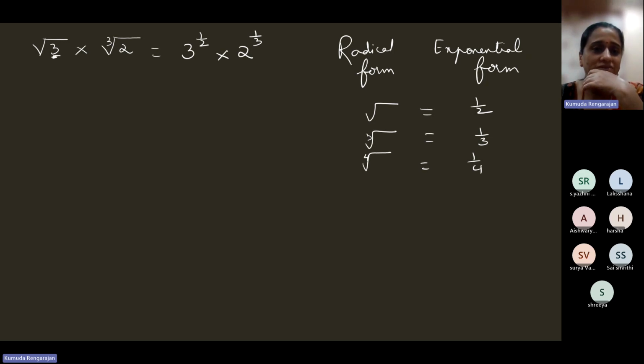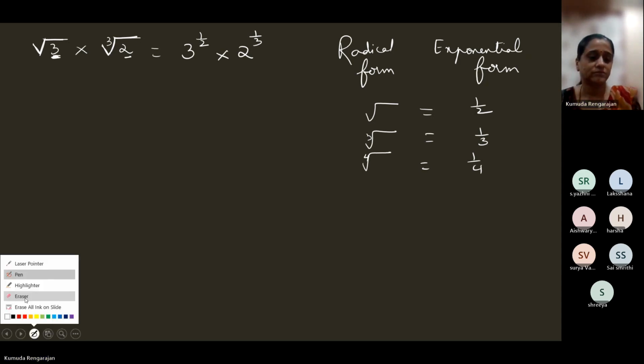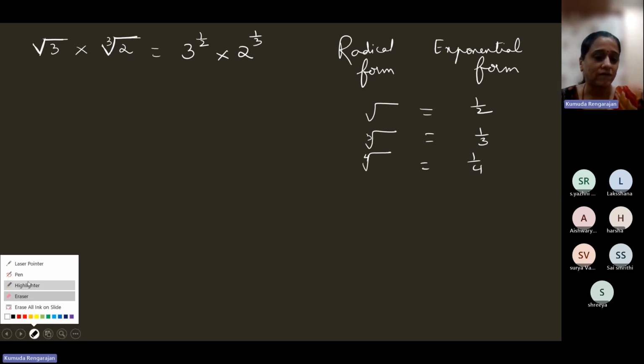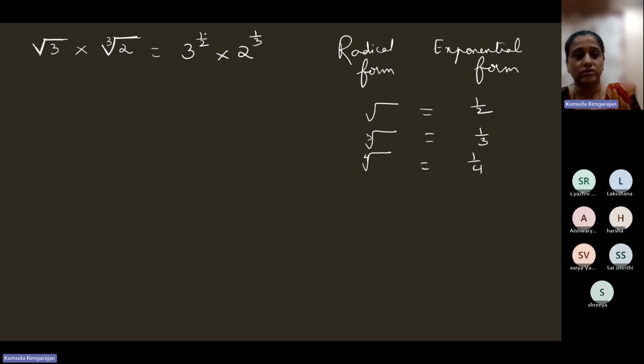What you see here is the base. This one becomes the power. So square root meaning to the power 1 by 2. Cube root to the power 1 by 3. 3 is the base. 2 is the base. So 3 to the power 1 by 2 because square root. And for cube root, it is to the power 1 by 3 and the base is 2.